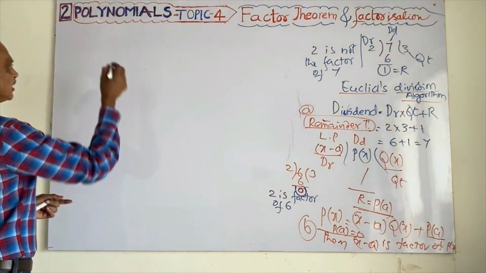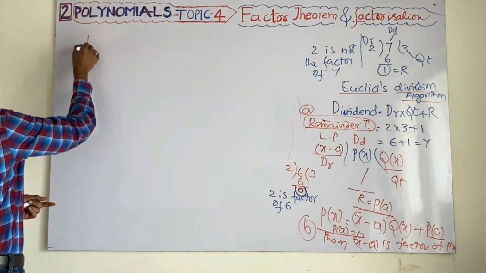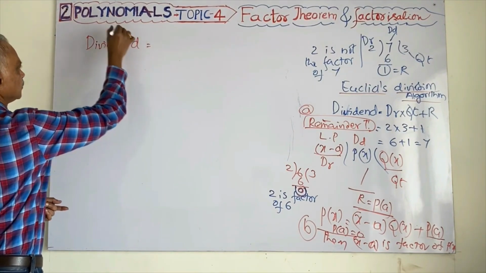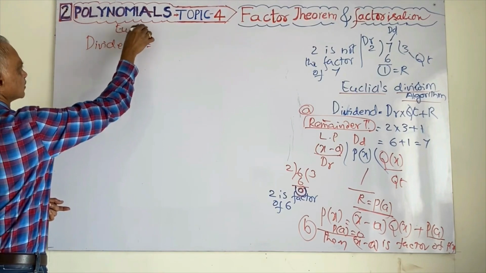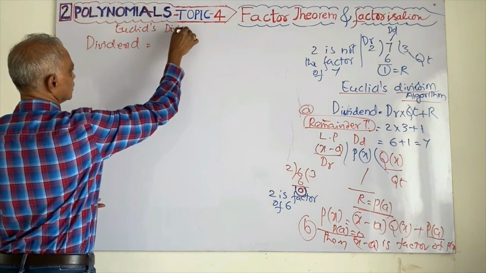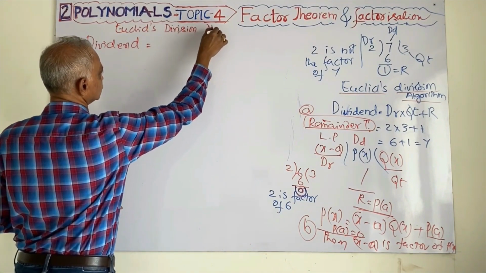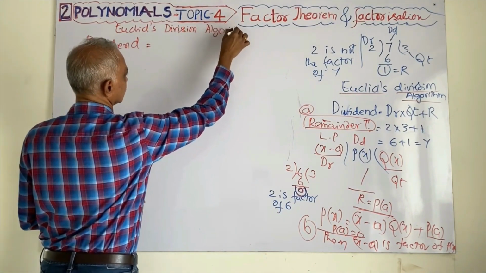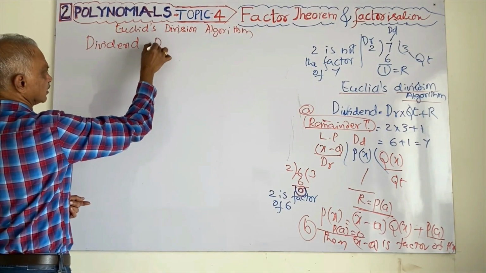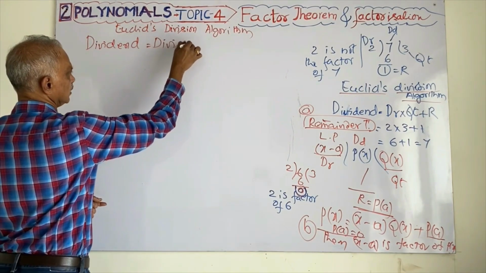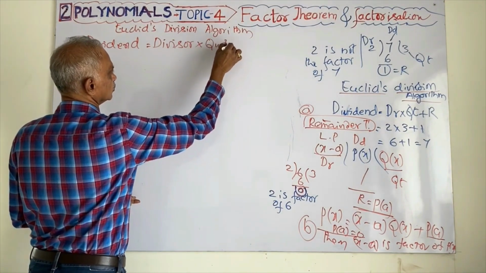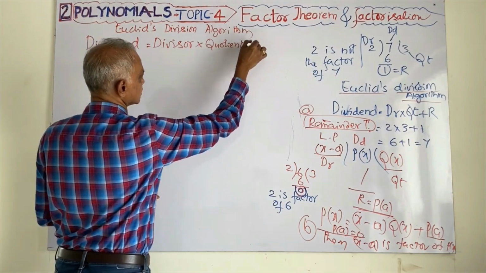When it is divided, first write the dividend by Euclid's division algorithm: dividend is equal to divisor into quotient plus remainder.